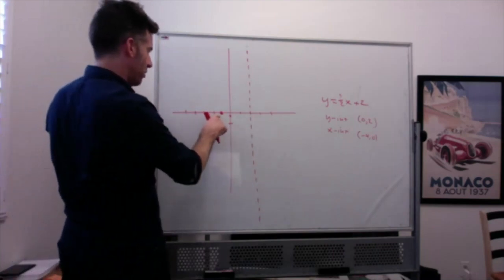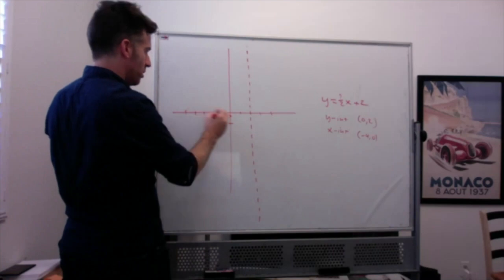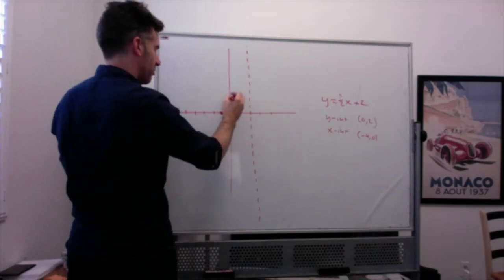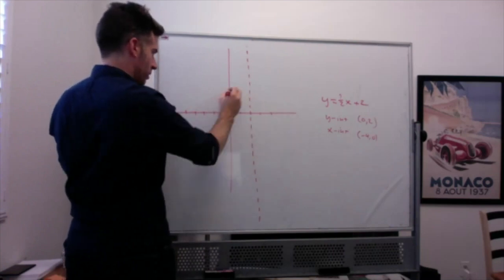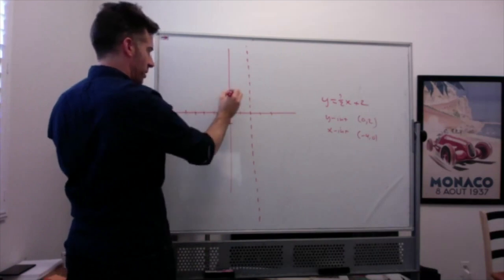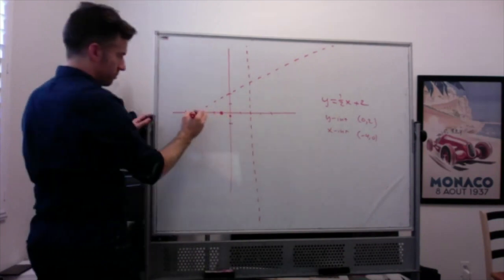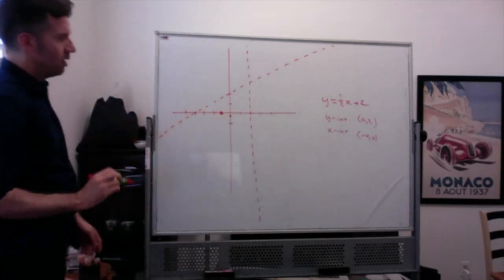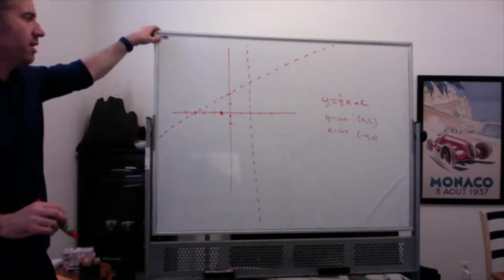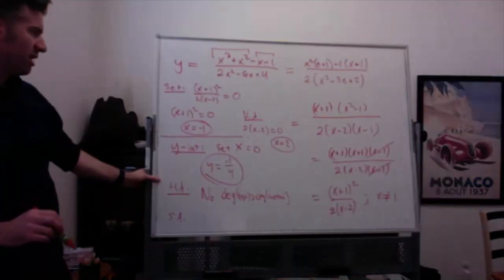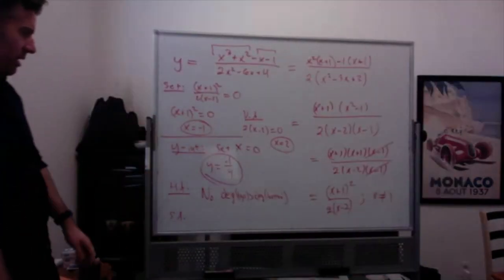So -4, so 1, 2, 3, 4, and +2. So I'm going to go through those 2 points right there and right there. Okay. And then finally, actually, I think we've got a hole, which we'll deal with after we graph the thing.